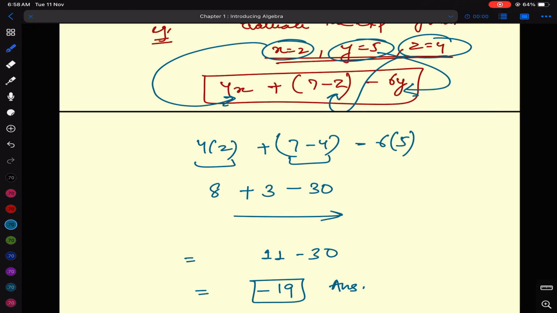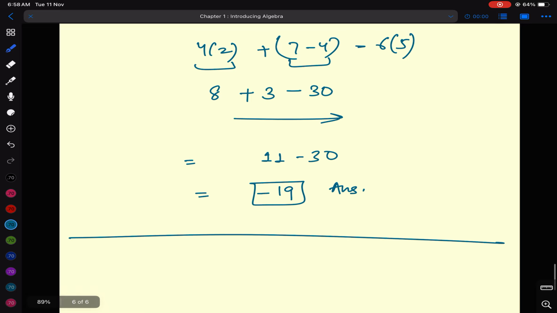So here we do get the value of negative 19 as the answer to this expression after substituting the values of the variables, which are x, y, and z. So this was your lesson number 2. I hope the concept of a variable, how we substitute the value of the variable in the expression, and also how we evaluate the variable based on the expression is clear to you.